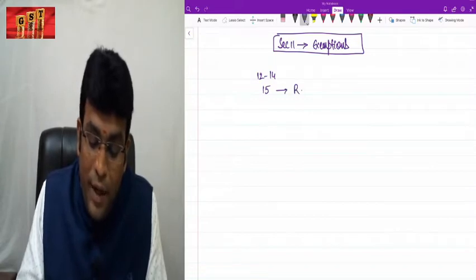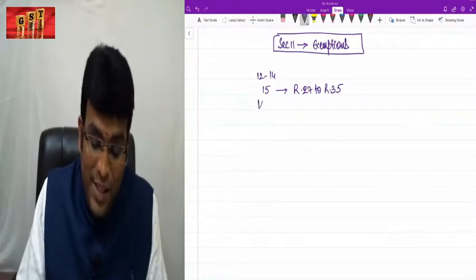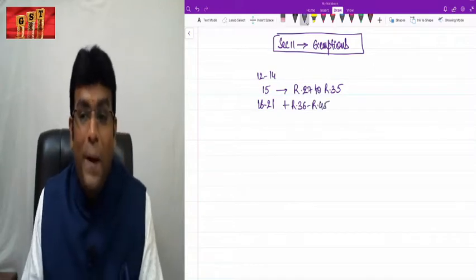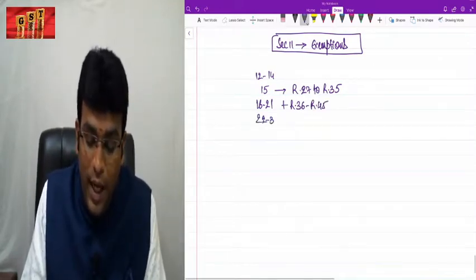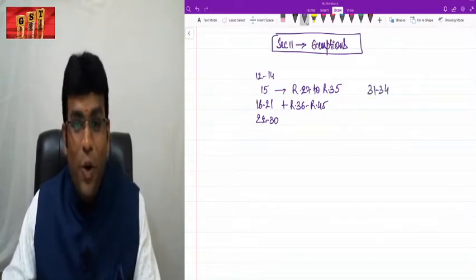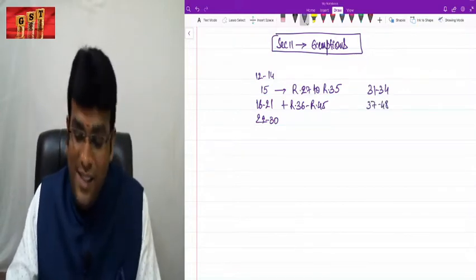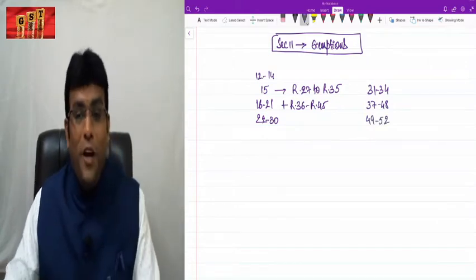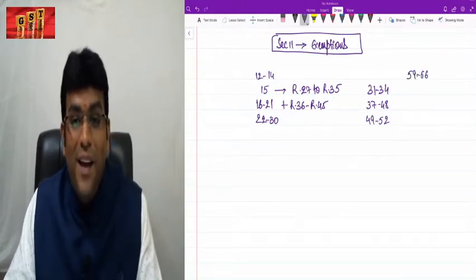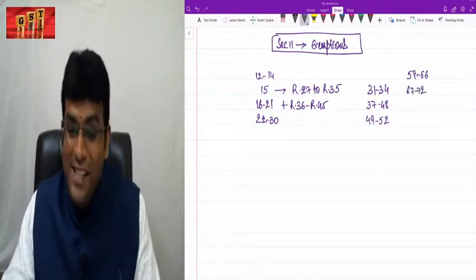Value of supply, to be read along with Rule 27 to Rule 35. 16 to 21 input tax credit, to be read along with Rule 36 to 45. 22 to 30 is the chapter of registration. 31 to 34 tax invoice, credit note, debit note. 35, 36 yet to talk. 37 to 48 returns. 49 to 52 payment of tax, interest, TDS and TCS. 59 to 66, what, my dear friends, assessment and audit. 67 to 72 inspection, search and seizure.